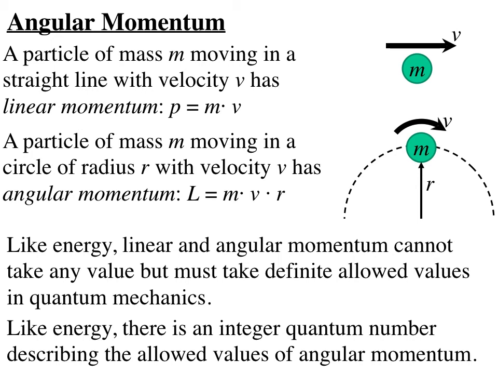So if you recall from our last slide, n, the energy quantum number, says not only something about the energy, it says something about how far out you are. Well, the further out you are, the more of this angular momentum you can also possess. So in some way, what we're going to see is that the angular momentum is tied to how far out the electron is from the center of curvature in the nucleus.